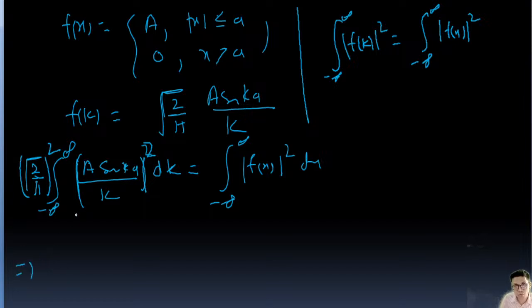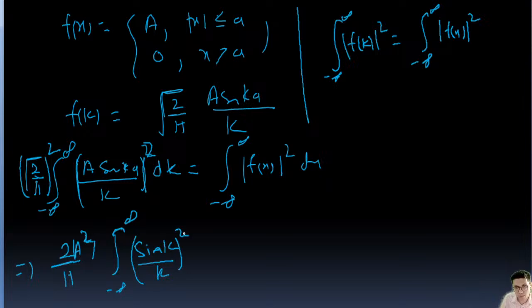So this value, squared, means 2 upon pi, mod a square, and this is going to be integration minus infinity to plus infinity of sine ka upon k whole square dk.